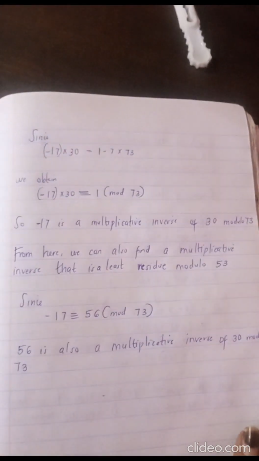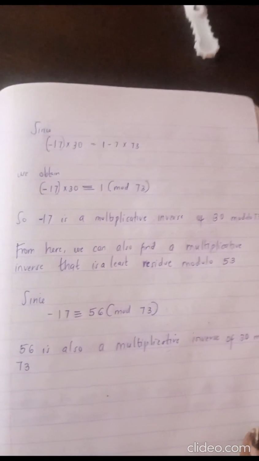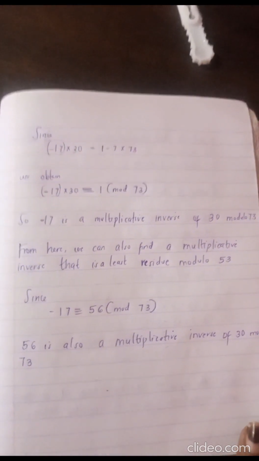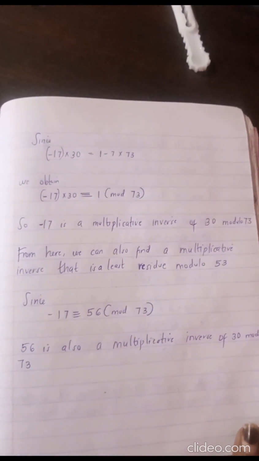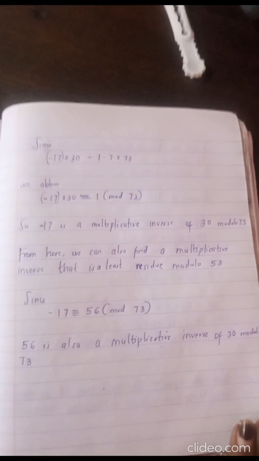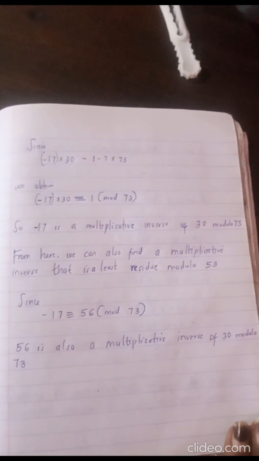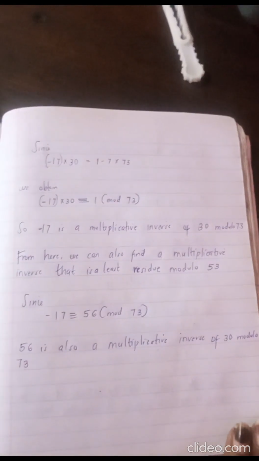So negative 17 is a multiplicative inverse of 30 modulo 73. We can stop there, but we can also find the least residue modulo 73. Since negative 17 is congruent to 56 modulo 73, 56 is also a multiplicative inverse of 30 modulo 73.